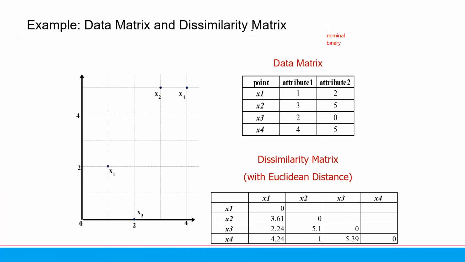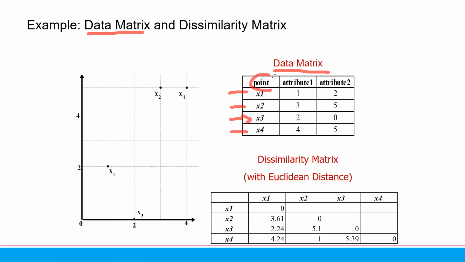In numerical data, we can measure with the dissimilarity matrix. Let's see this one. We call this the data matrix. We have 4 data points.